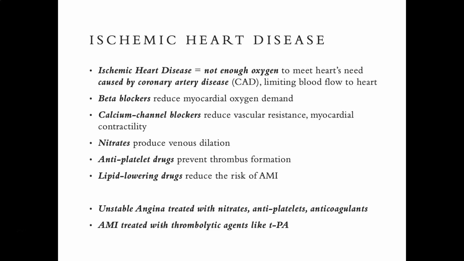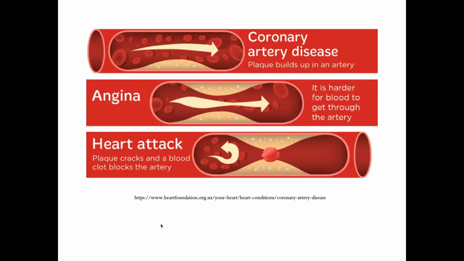There are 3 stages to ischemic heart disease, and we'll see that on the next slide. It starts out with ischemic heart disease, which is CAD, remember, coronary artery disease. Then it moves into unstable angina, and then it progresses to AMI, which is acute myocardial infarction, also known as a heart attack. So ischemic heart disease is caused by coronary artery disease.